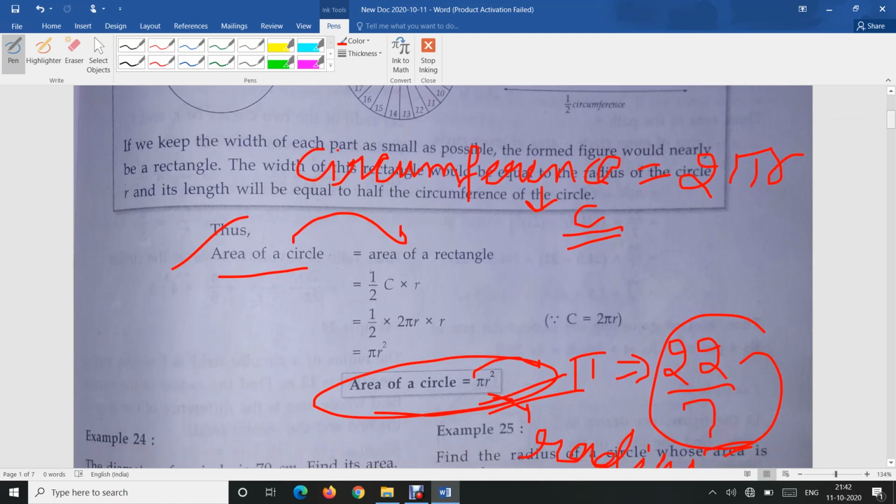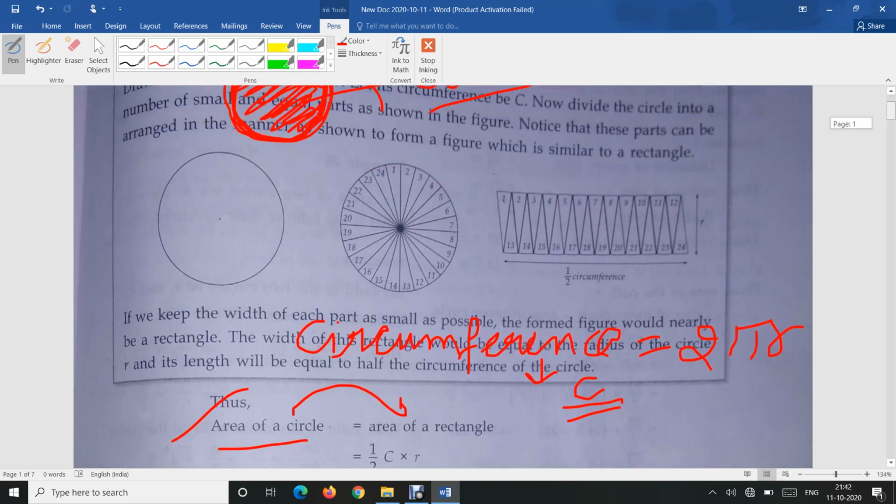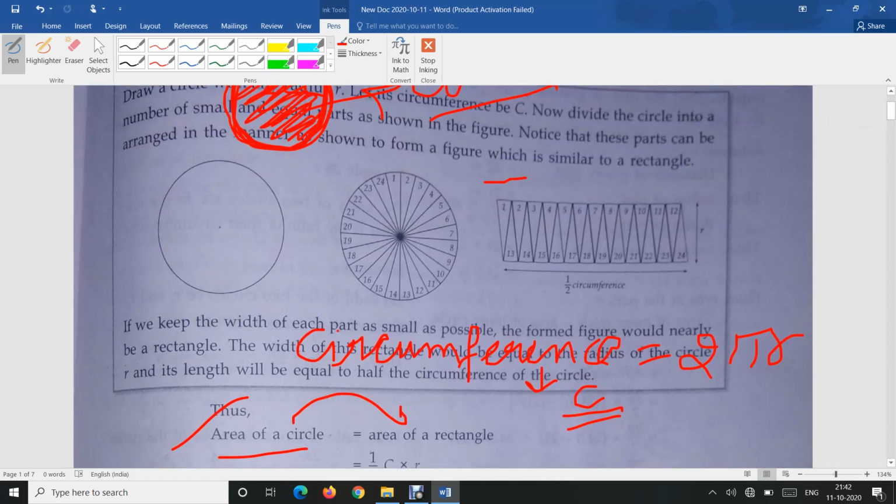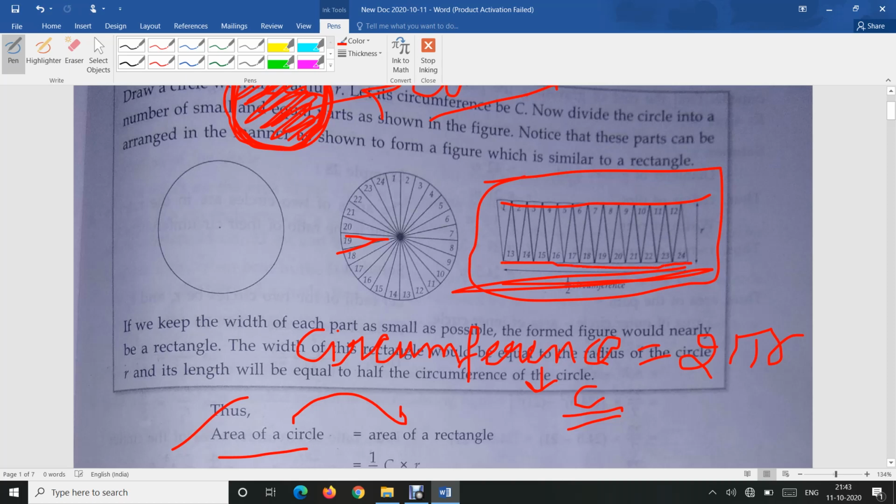Because if we keep the width of each part as small as possible, just like this, this is an activity which you can do or you can try. If the width of each part is as small as possible, the formed figure would merely be a rectangle. This is the shape of a rectangle.